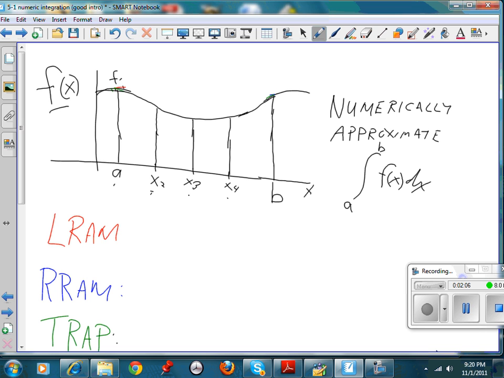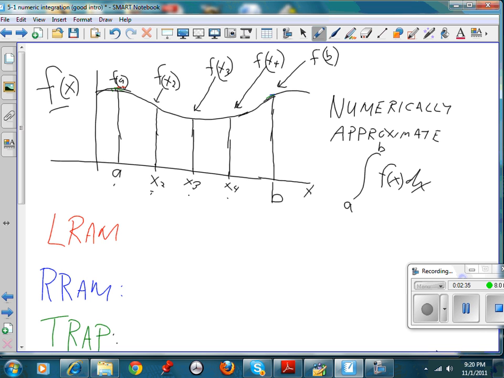The height of the curve here is f of a. This height is f of x2. The height here is f of x3, there it is f of x4, and you might guess the height of the function at b is f of b.